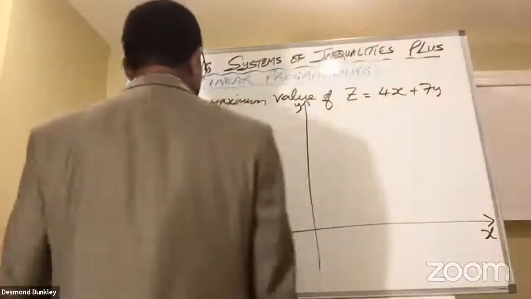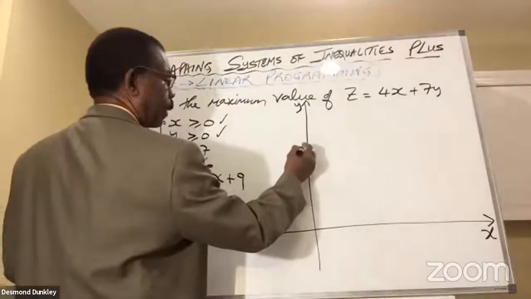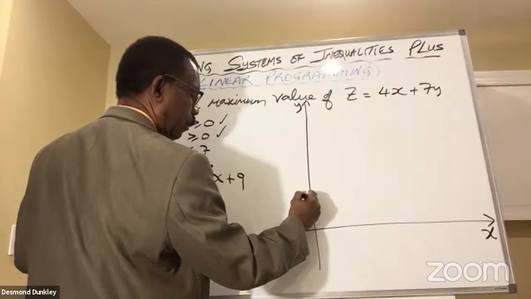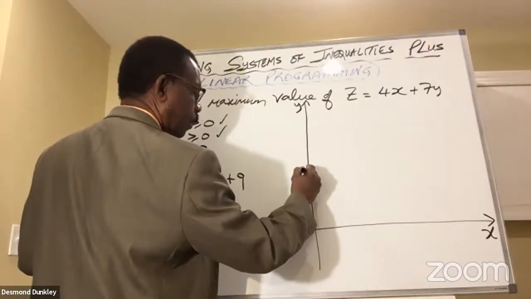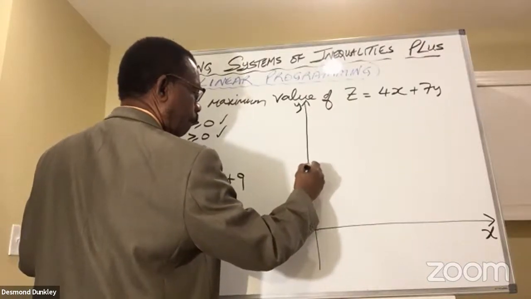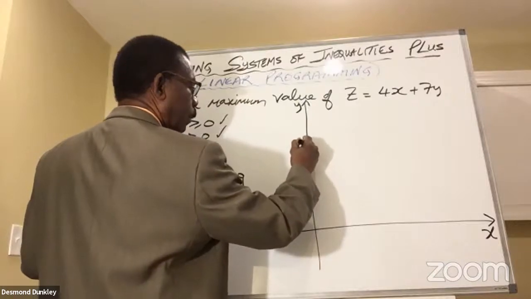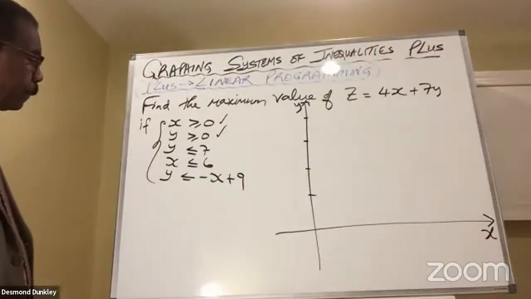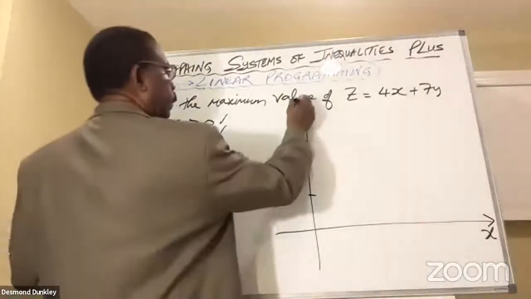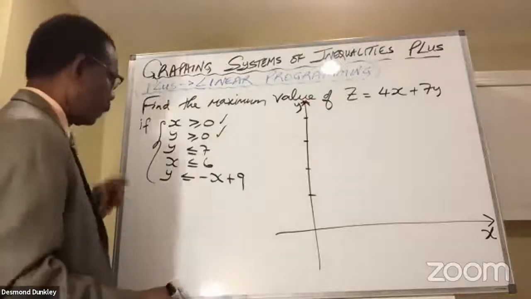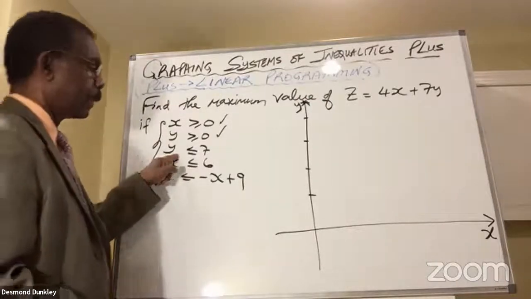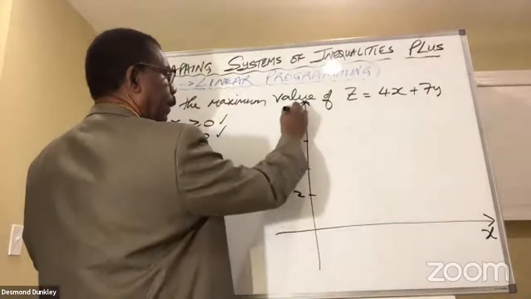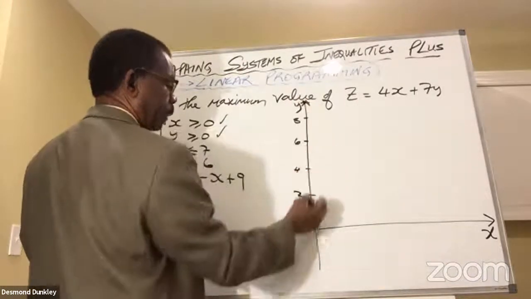So we can go here. So y is, so this is 2, 4, 6, 8, and this is going to be 9 right here.